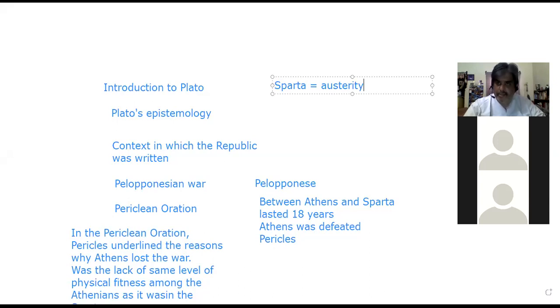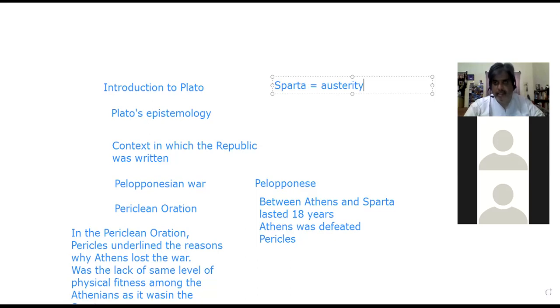So the Spartans were not used to comforts, whereas Pericles claimed that the Athenians had gone into some kind of a state of decay, as a result of which they basically didn't have the same level of physical fitness that the Spartans had.